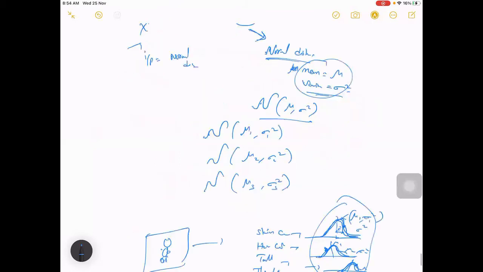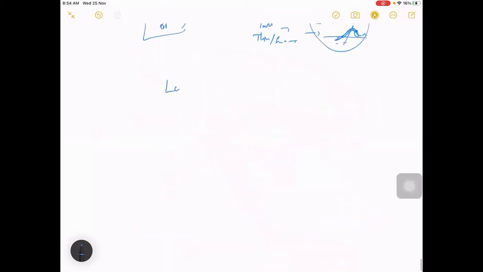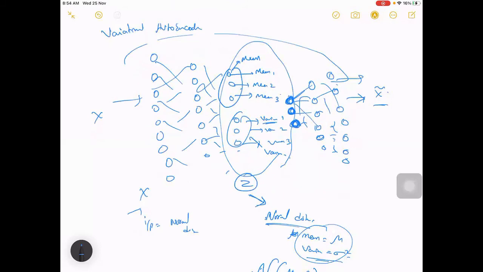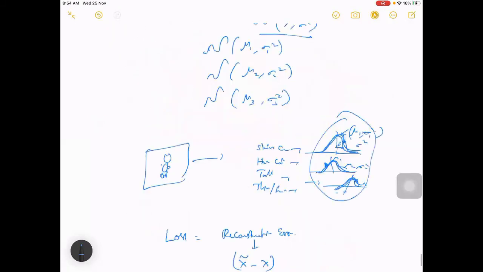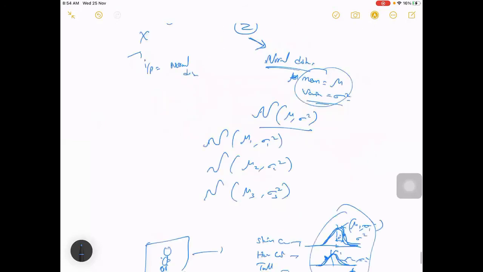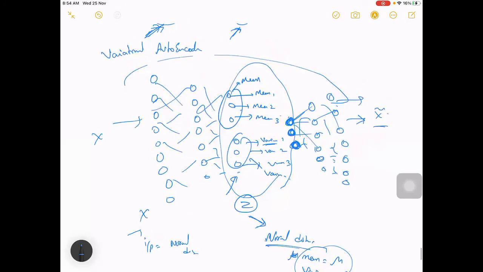So what will be your loss? Just like your reconstruction error, which will be x tilde minus x. If this is fine, okay, but here we are introducing something else, right? As a mean and standard variance, we also have a loss, because we have some target here.